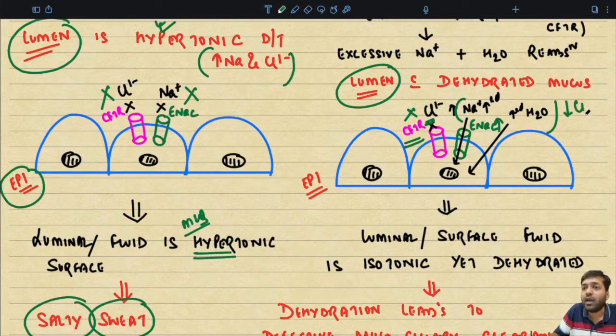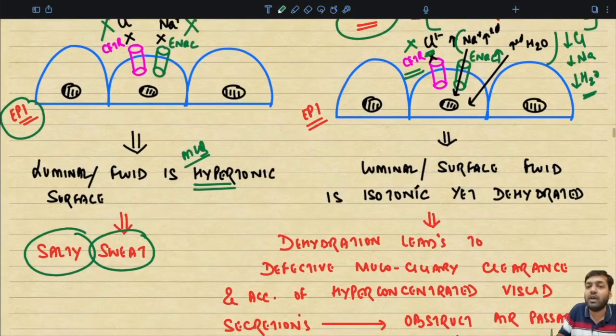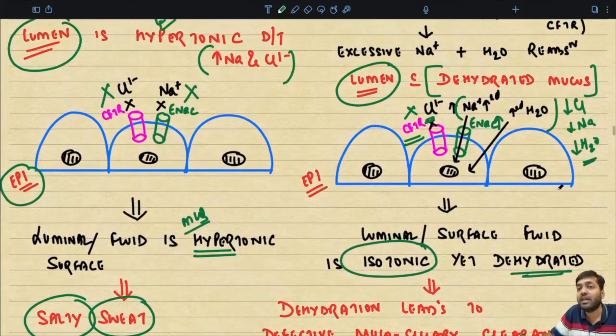So both chloride as well as sodium are reduced, but along with that the amount of water has also reduced, which has led to the formation of a dehydrated mucus. Because both the sodium as well as chloride levels become low, the luminal or surface fluid is isotonic, yet dehydrated. So the lumen contains mucus.